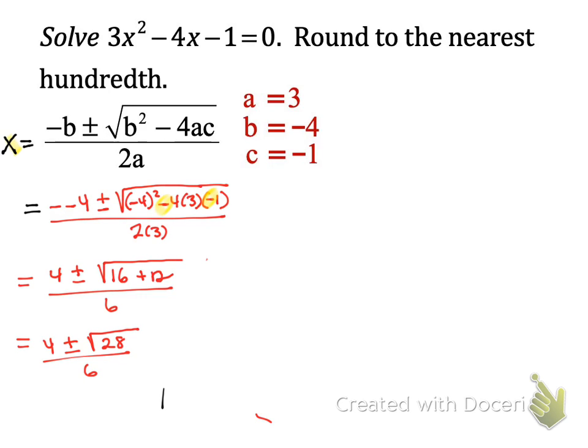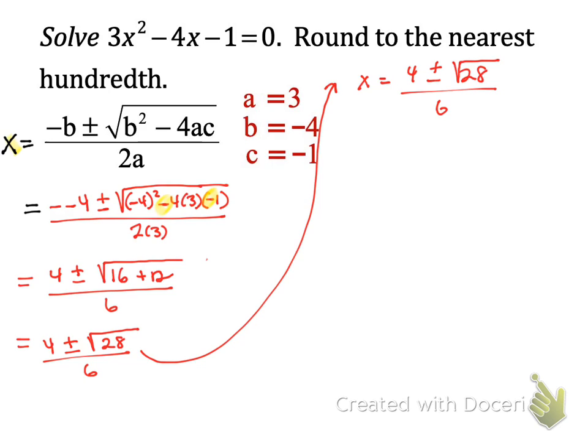Now there's a couple ways you can do this. We can do reduced radical. In this case, they're asking us to round to the nearest hundredth. I would never ask you to round to anything. Usually it would be the nearest tenth. But let's get into both of those. So if I were going to ask you for reduced radical, it would be x equals 4 plus or minus the square root of 28 over 6, right?